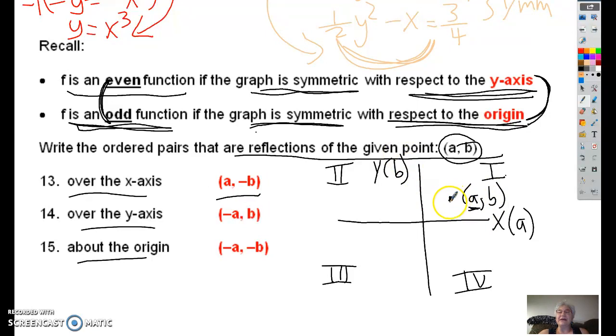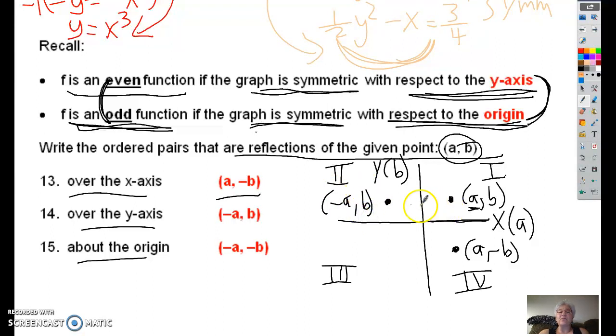So if I make it negative with the same x value, that point over the x-axis is going to move to this quadrant. Now, I always start with the same point again. If I'm starting with AB and I am reflecting over the y-axis, so basically I have the same y value, but x is negative, it moves to the third quadrant.